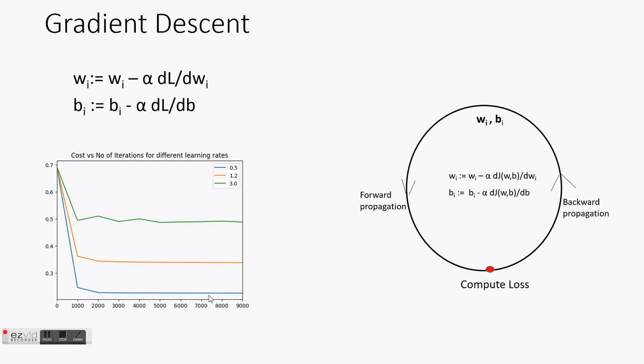The set of weights and bias I arrive at after 9,000 iterations is what I will apply on a new data set, the test set, and my neural network should perform well as long as the training data set and the test data set come from the same distribution. So that is basically how we model a neural network for a simple logistic regression case.